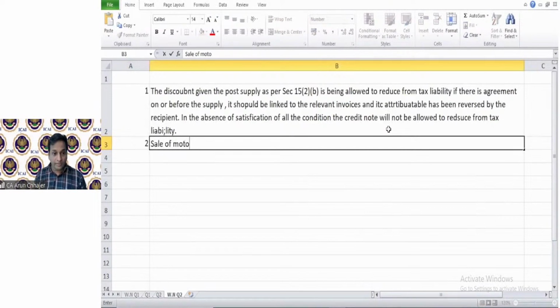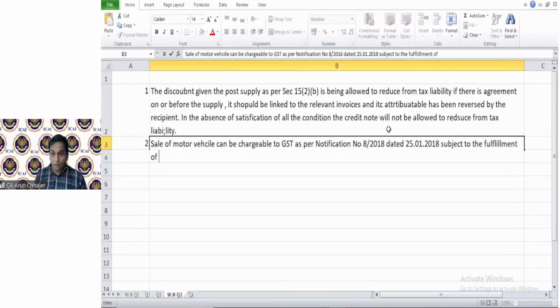Sale of motor vehicle can be chargeable to GST as per notification number 8 by 2018 dated 25th Jan 2018, subject to the fulfillment of all the conditions, like no ITC has been taken.